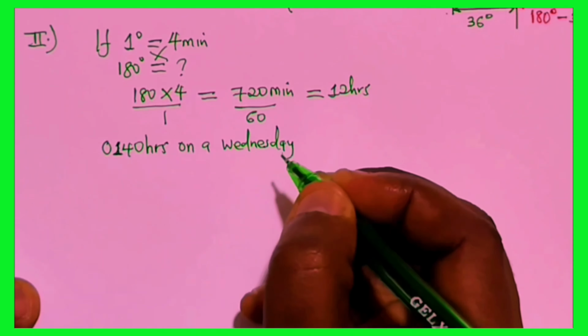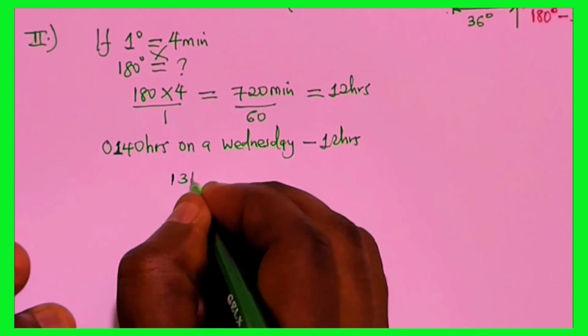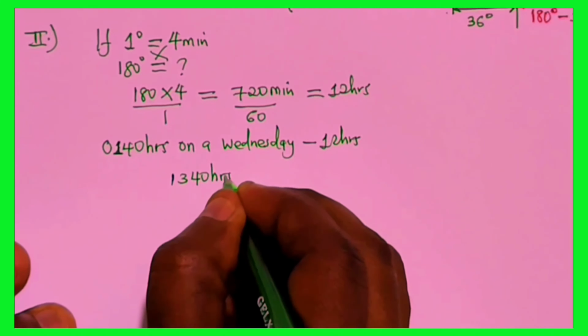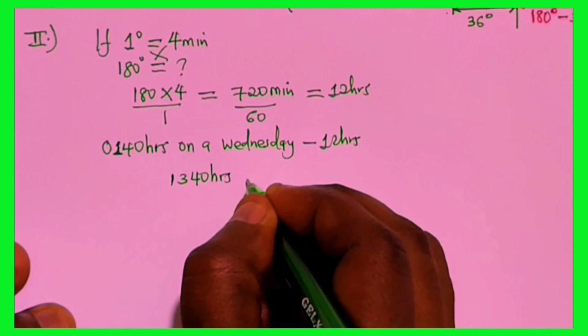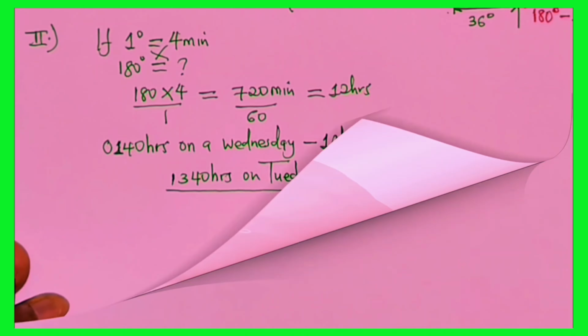And therefore, if we subtract the 12 hours, we are going to arrive at 1340 hours, and this will be on a Tuesday, the previous day. So this is our solution.